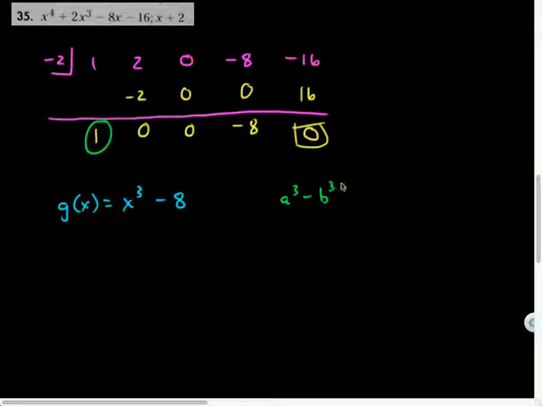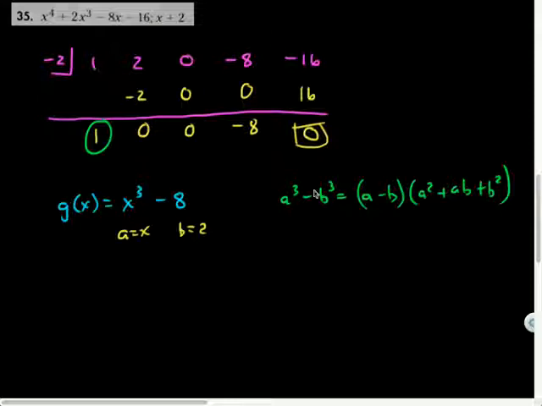So a cubed minus b cubed, if I recall that pattern, the difference of cubes, is a minus b times a squared plus ab plus b squared, I believe. So I actually could factor this using some of my older techniques. So a is x, and what is b?